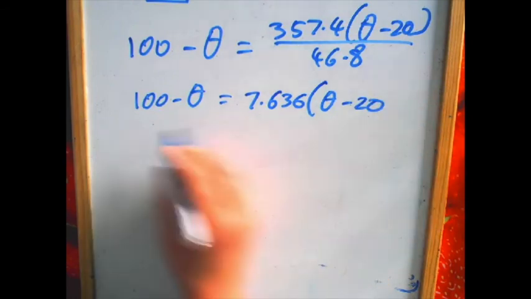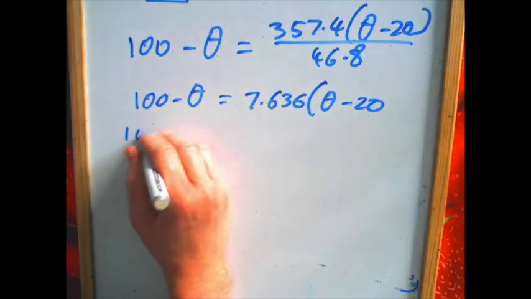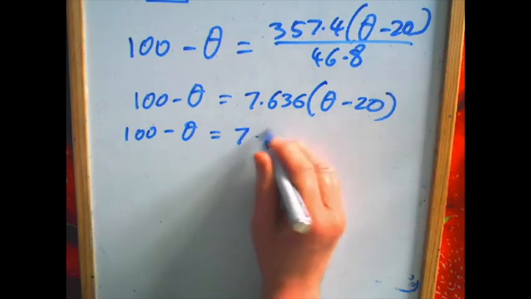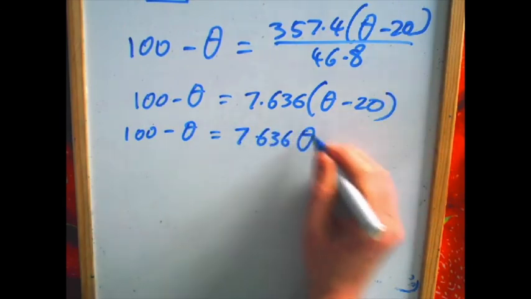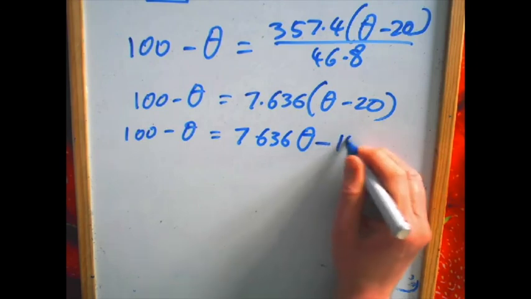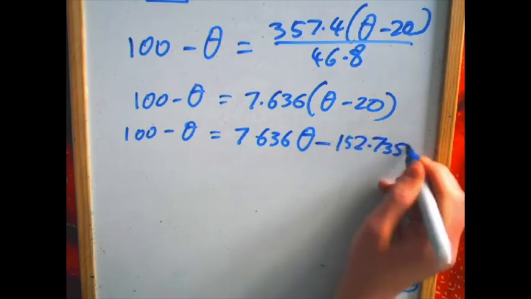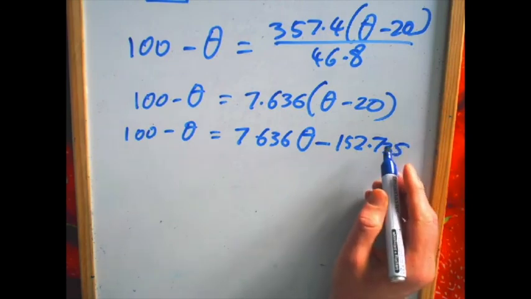Then it's just a matter of multiplying it out. So 100 minus theta is equal to 7.636 theta minus 152.735. Okay.